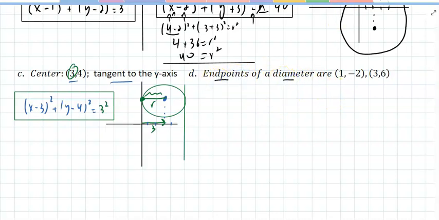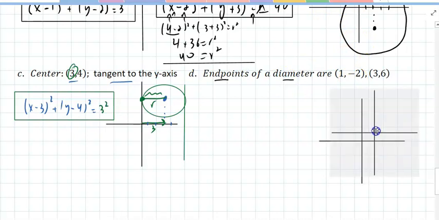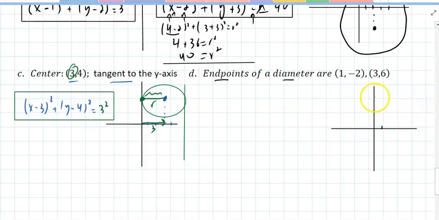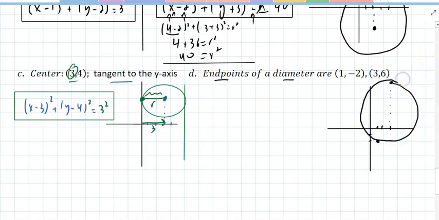Endpoints of the diameter. What that means, if you go to the point 1, negative 2, and the other point, 3, 6, the circle looks something like this.